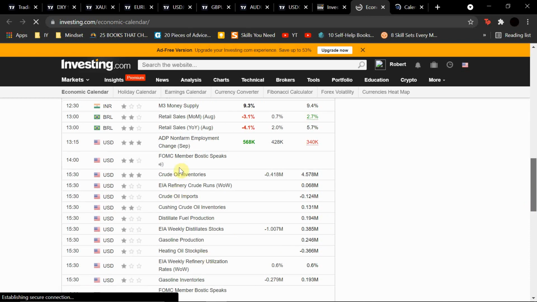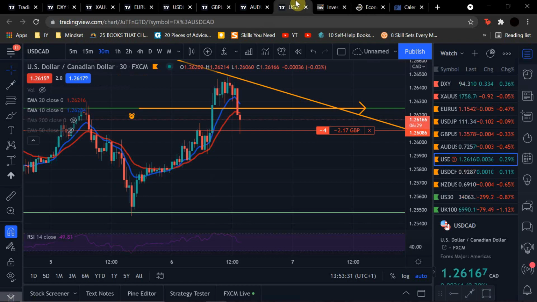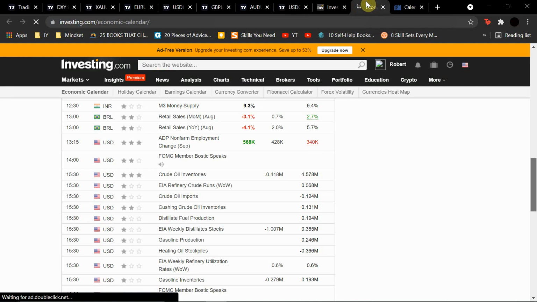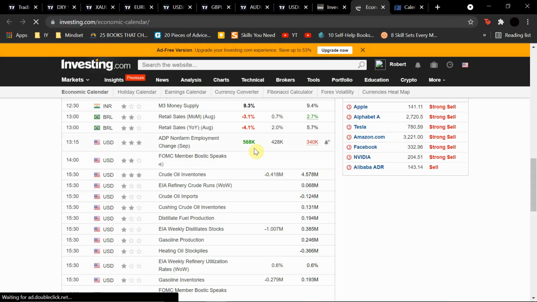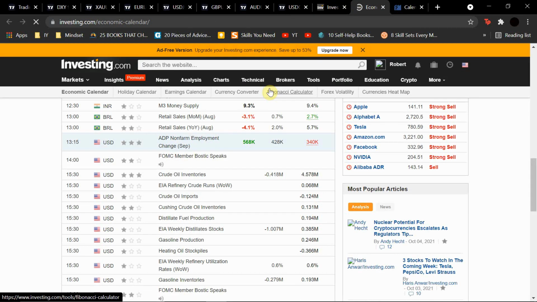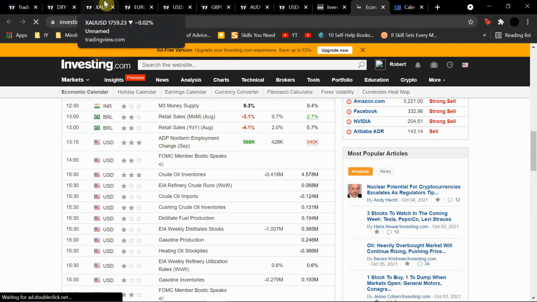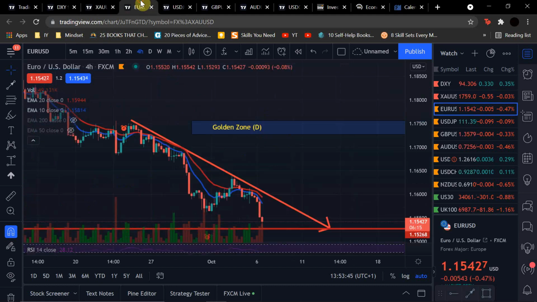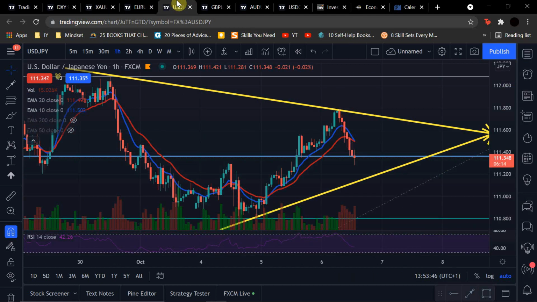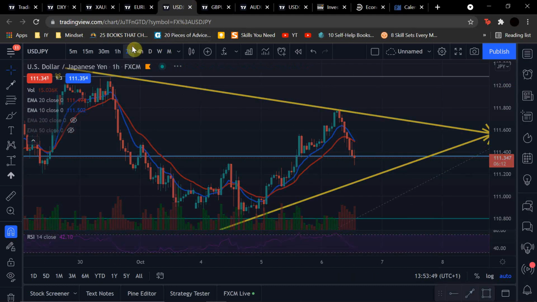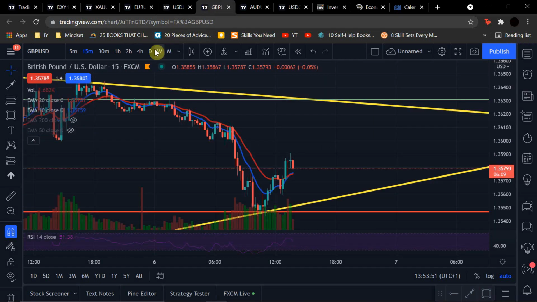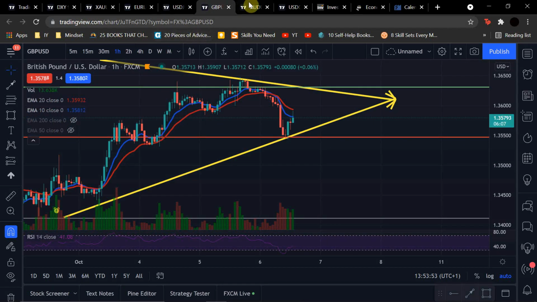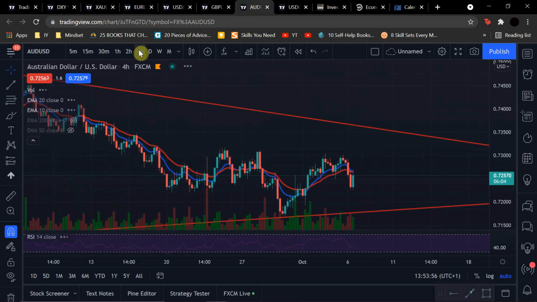So you got this thing at 3:30. I'm gonna make sure I have no trades open there, especially with the fact that I'm on USD CAD as well. Yeah. So for now, look, this is what I've got. Got Euro USD, got USD JPY. We've got GBP USD, we've got AUD USD.